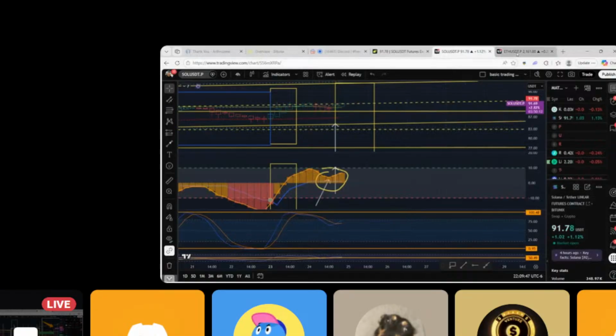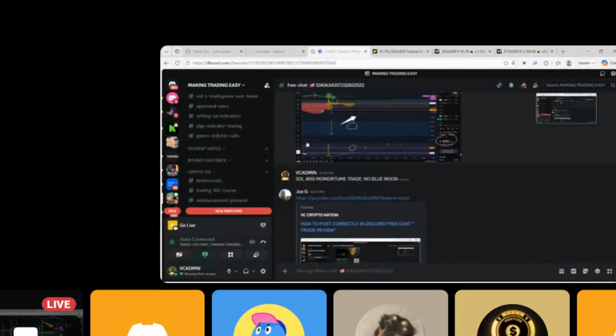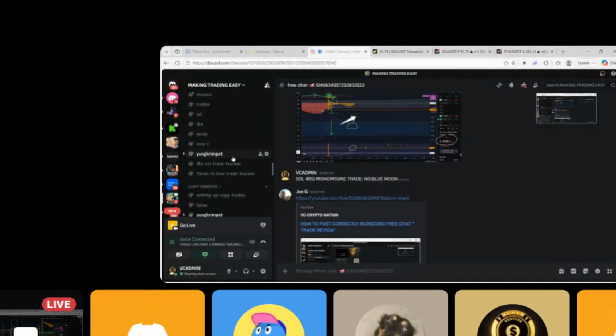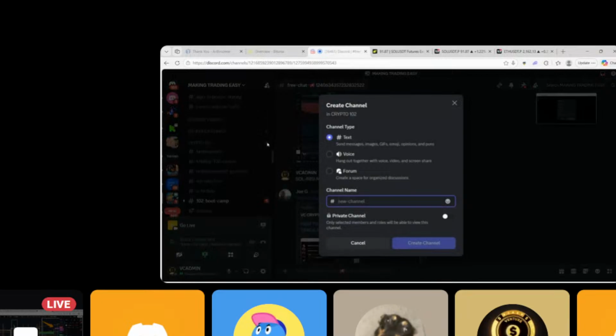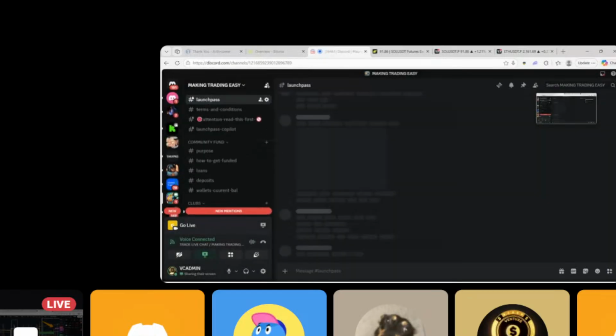Let me walk through this. Let me jump into the Discord here. So we're going to slide down, and then we have trade. So we have the 4-hour RSI trade tracker. Now I'm going to add this here, and this is just going to be the 4-hour RSI momentum. That'll allow me to put notes in here, right?